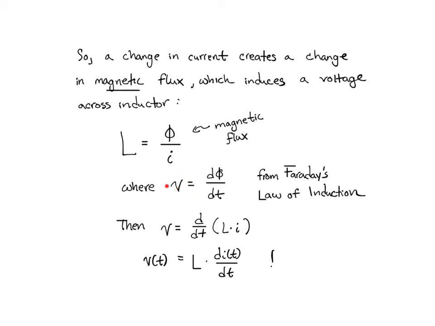We note that the voltage is going to be proportional to the rate of change of that magnetic flux, and that's what Faraday's law of induction states. Therefore, we can write the expression that V is the first time derivative of the inductance times the current. By doing some substitutions of this equation into this equation, we get that voltage is proportional to the rate of change of current versus time times that constant of proportionality, which is measured in henries, and which is what we call the inductance of the element.